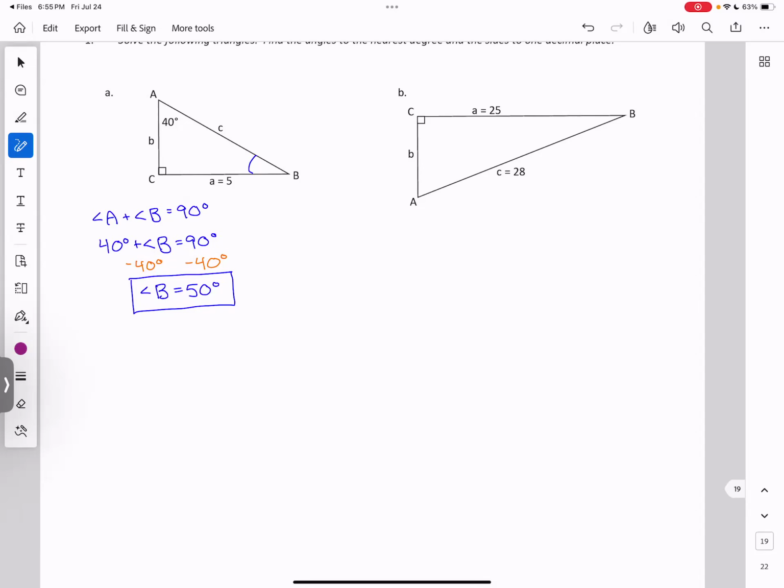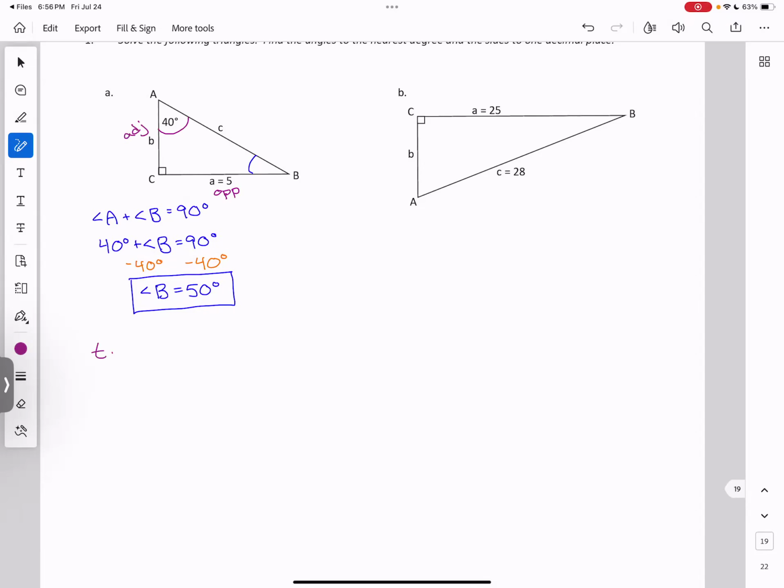So I always try to choose what was given to me, where I can. So I'm going to make angle A my target angle. Relative to that angle, little a here is my opposite side, and b is my adjacent. So I know my opposite, I know my angle, and I'd like to know my adjacent. So let's use the tan ratio to solve for little b.